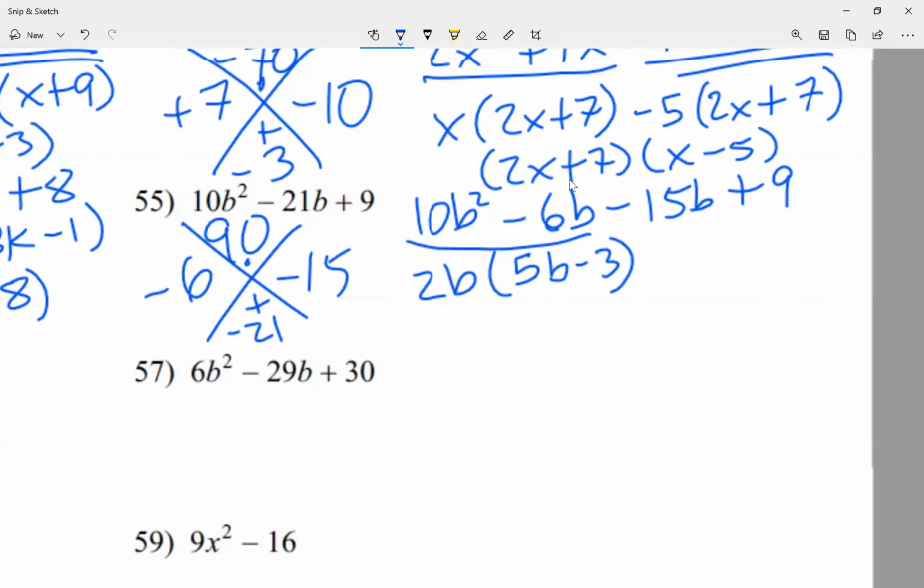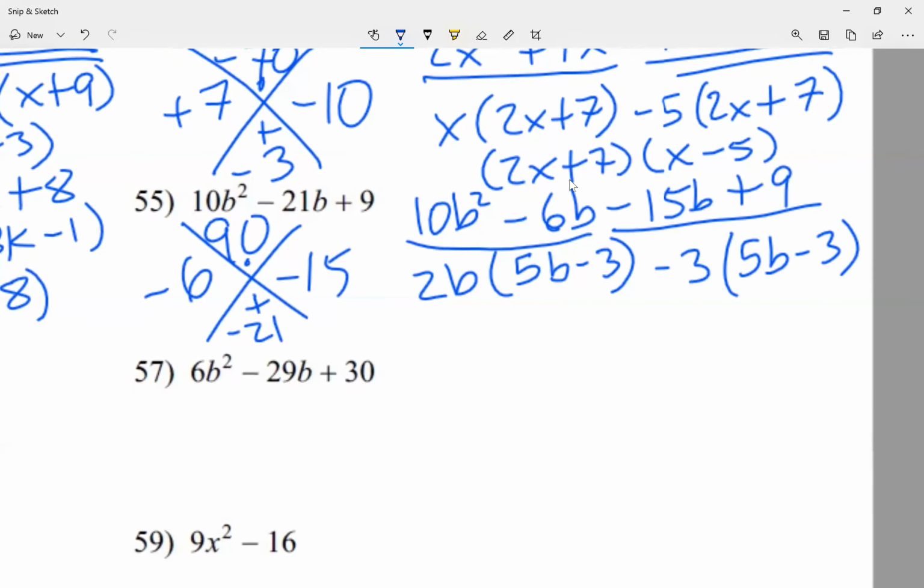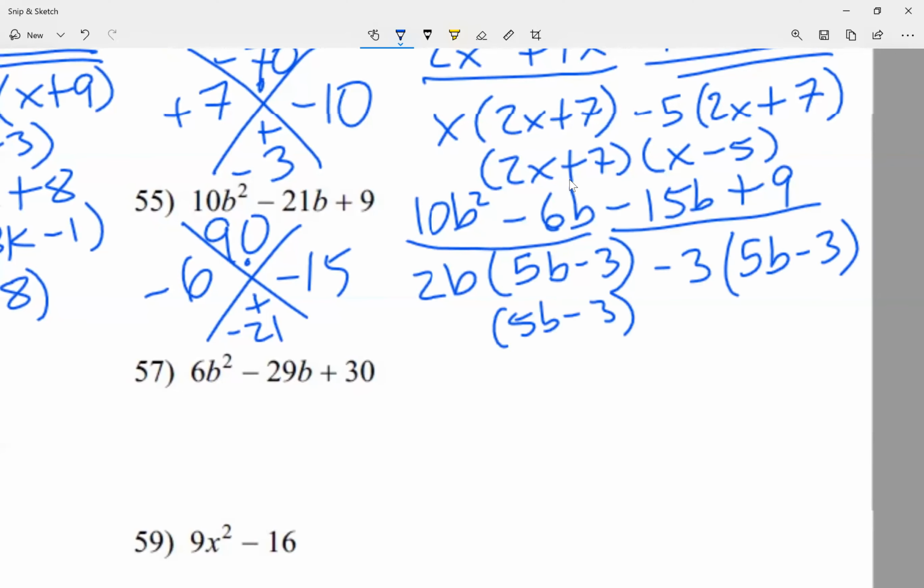Looking at the last two terms, I can divide each by a negative 3. And that's going to give me 5b minus 3. So my factors are going to be 5b minus 3, because that's the parentheses that matches, and 2b minus 3.